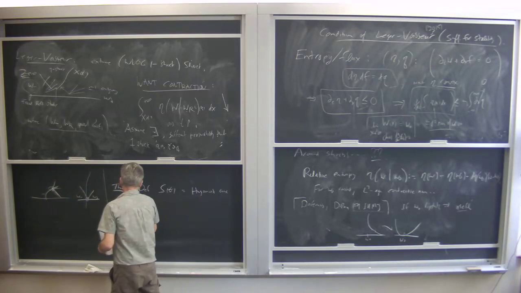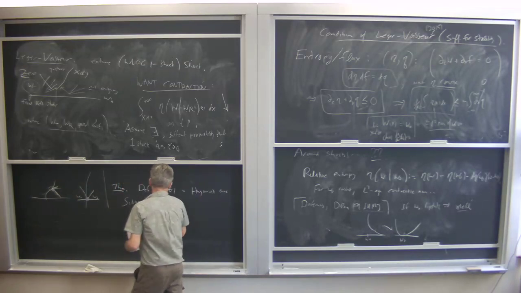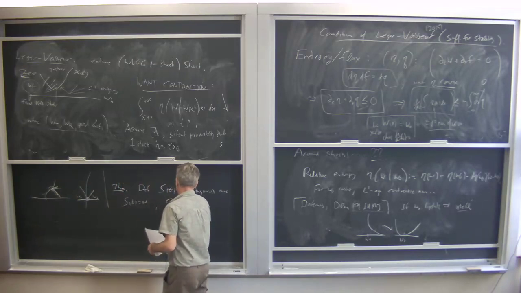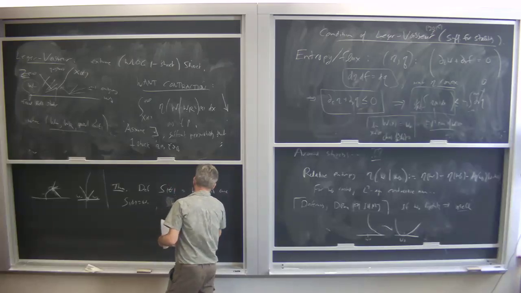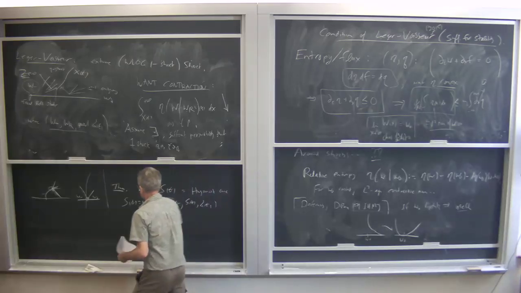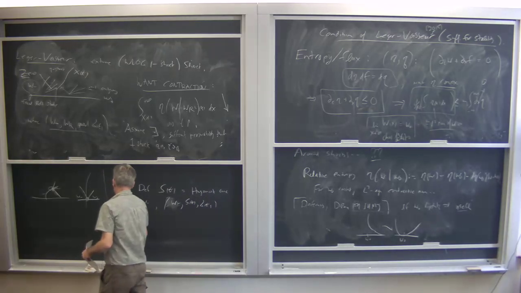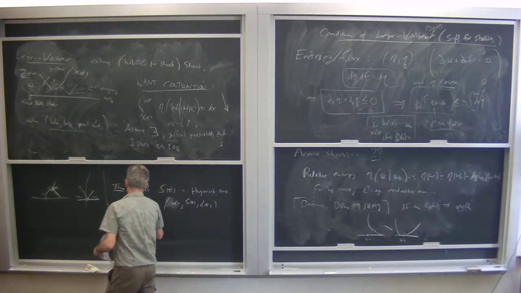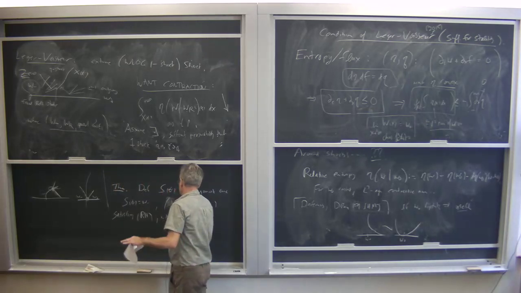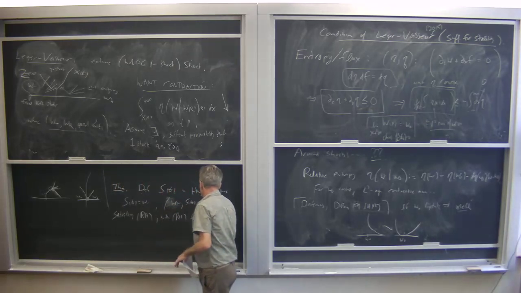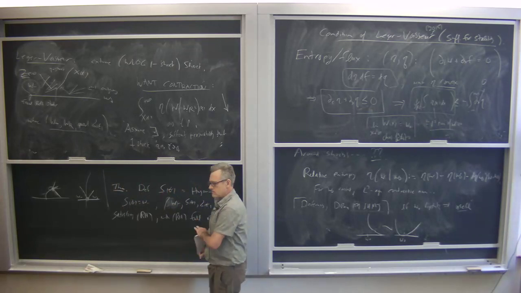S of 0 equals W minus, and W minus, S of theta, sigma of theta satisfies the Rankine-Hugoniot condition, with the Rankine-Hugoniot full rank everywhere.